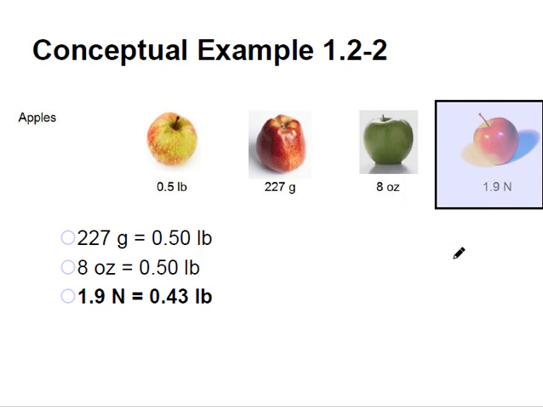This one is only 1.9 Newton, which is 0.49 pounds. This is your given information. When you look at 0.43, it is less than 0.50. So this weighs less, that one weighs more, and this one weighs more too. I think you get a hold of this.